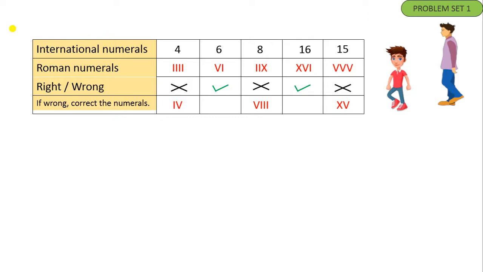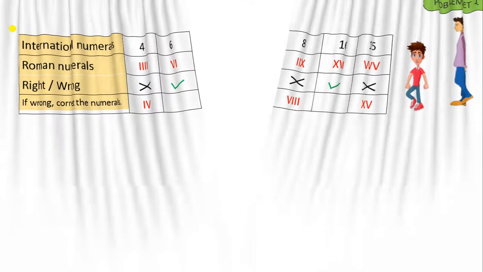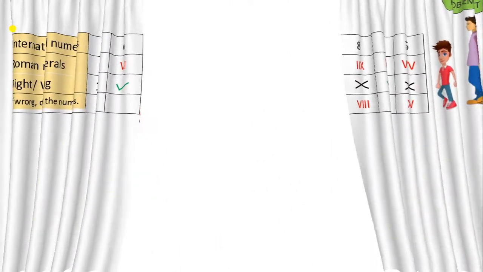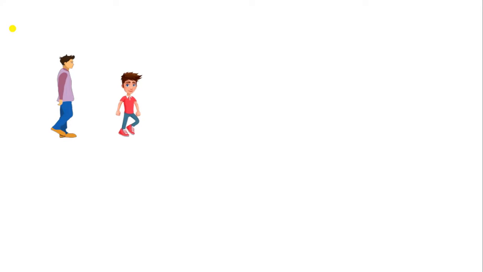Thank you, teacher. Teacher, I got it all, but I have one question. What is your question, Rahul? Teacher, can we use all the rules of Roman numerals for numbers more than 50 also? No, Rahul.